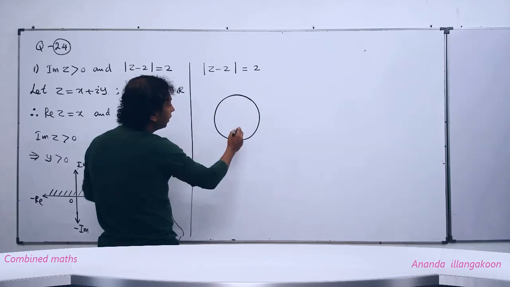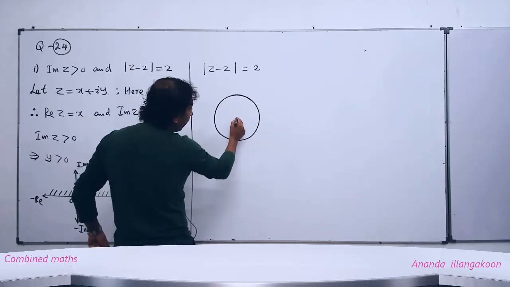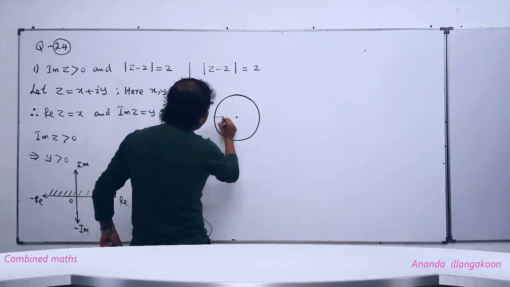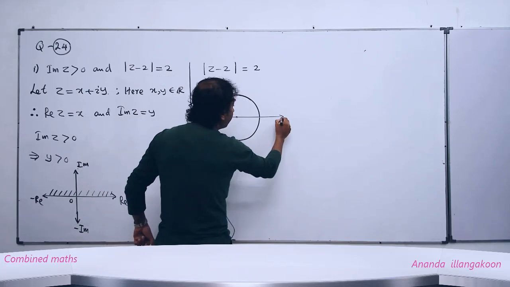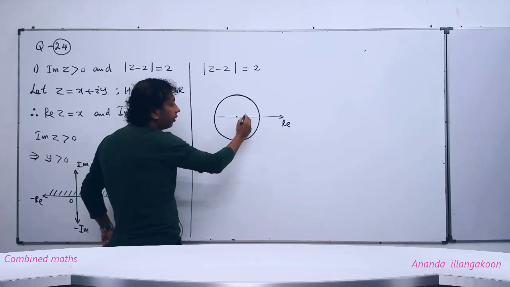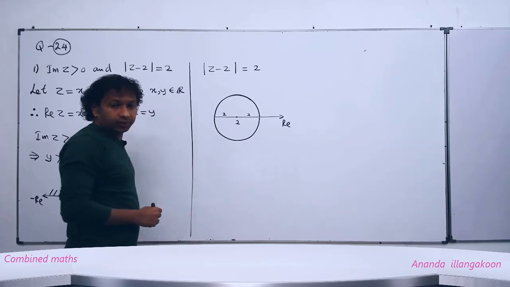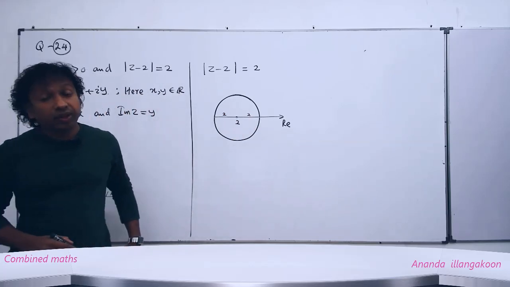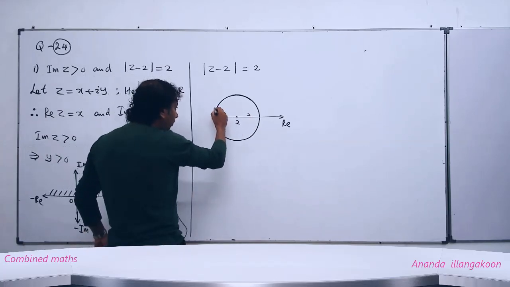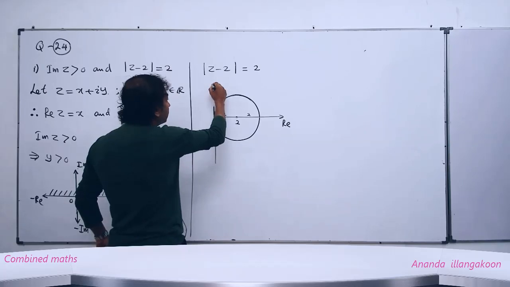This is a circle. The center should be at the real number 2 on the positive real axis. Since the radius is 2, this is 2 and this is 2, the complex number 2 on the real axis. Therefore, this circle should touch the y-axis, the imaginary axis, at the origin. So the imaginary axis should be passing like this.